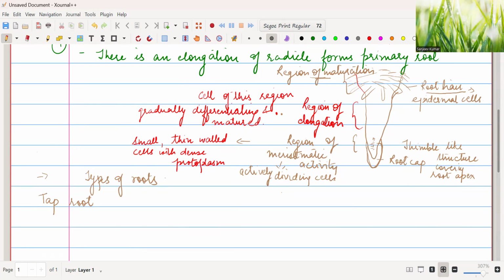So when we talk about the taproot, it will include the primary roots and its branches.